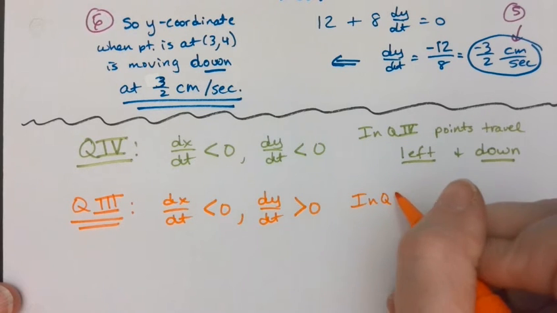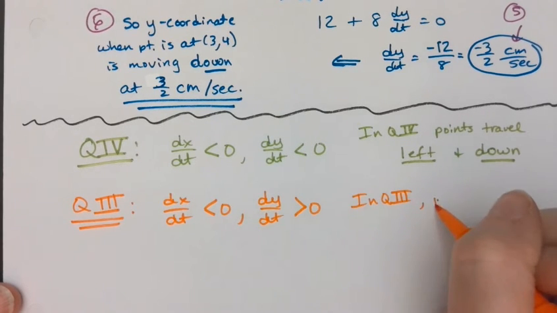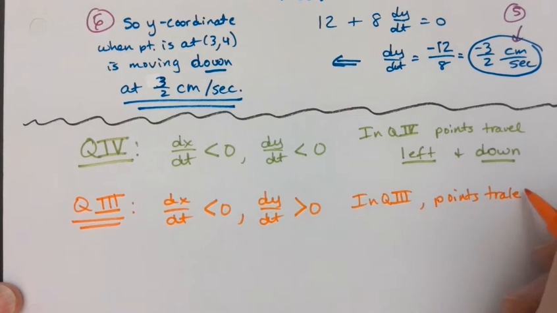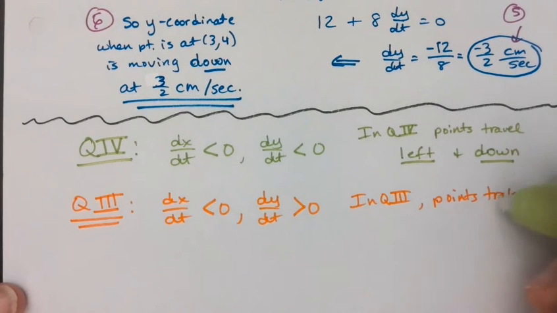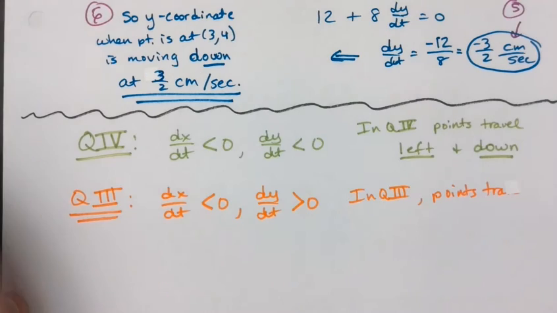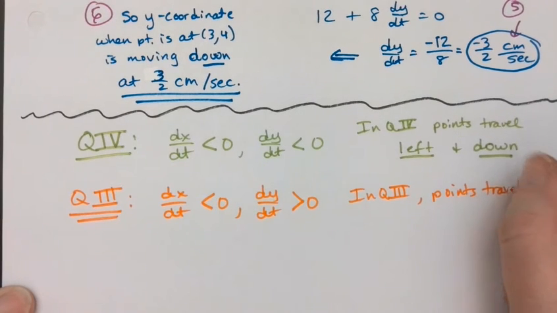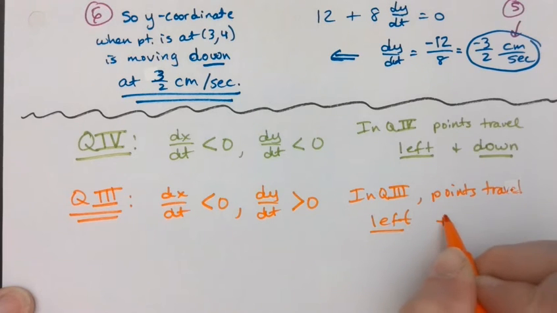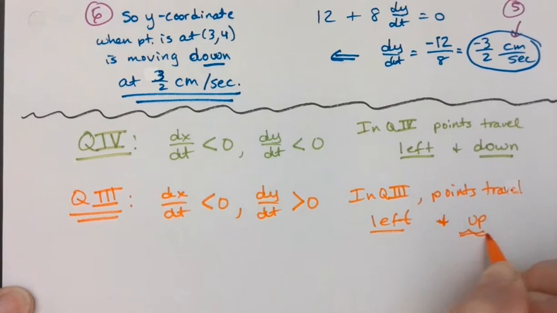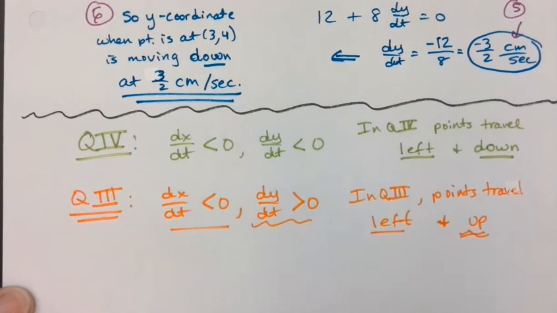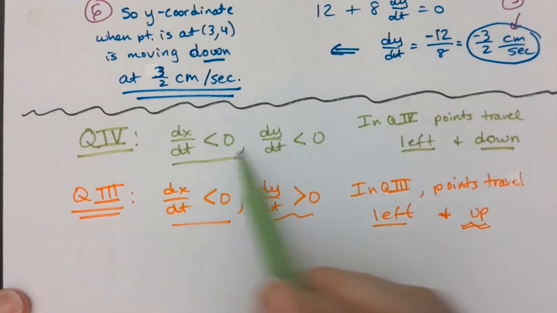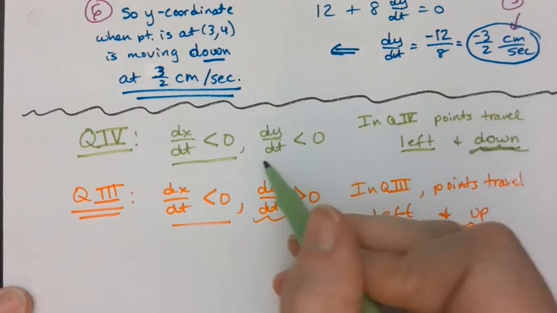Because in quadrant 3, points travel left and up. So the up part's right here, the left is right here, as opposed to the left is right here and the down is right there.